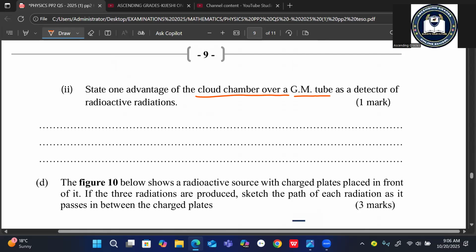So, say the type of radiation can be identified from the cloud chamber, unlike in the GM.